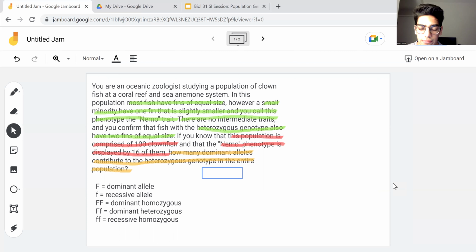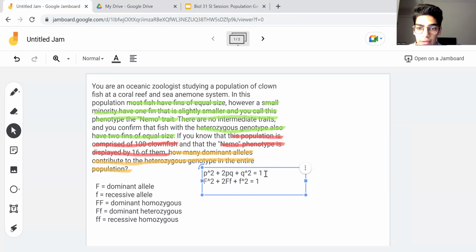So if we use the p squared plus 2pq plus q squared equals 1 equation, and I'll stretch that out, and we plug in the variables that we came up with: big F squared plus 2 big F little f plus little f squared equals 1. That's what our equation looks like.